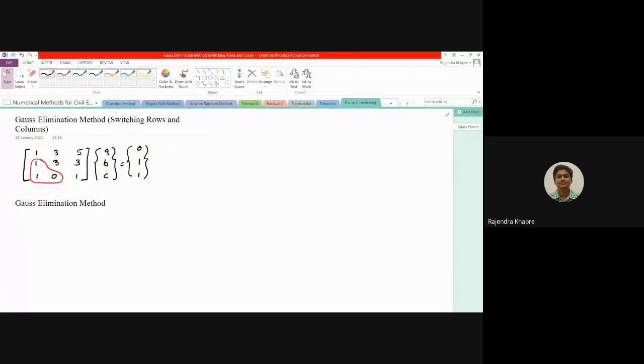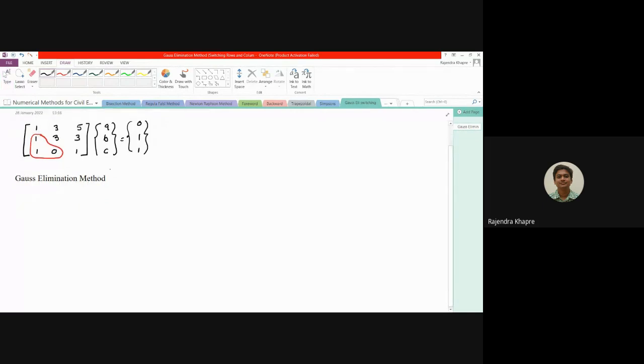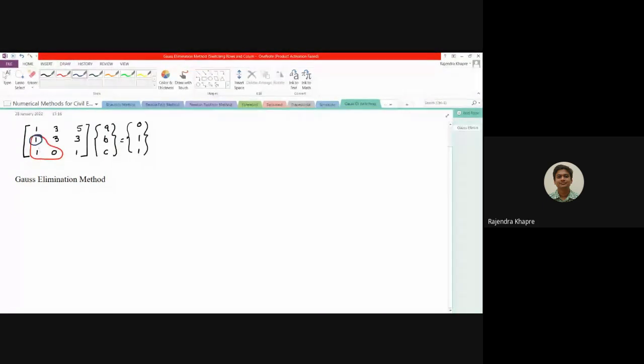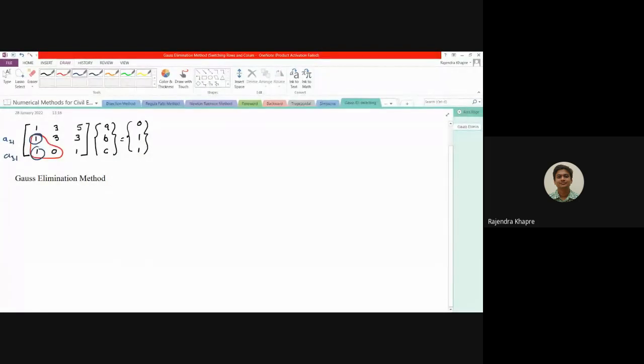For this we have to go for row-wise operation. I am going with the elements in the first column, so I'll be working on these two elements: a, second row and first column, and a, third row and first column. If I want to eliminate these two elements, what should I do?